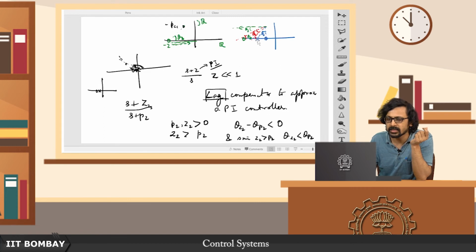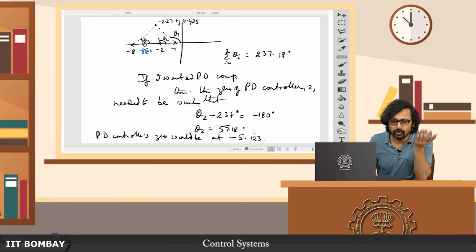So long as my lead compensator zero is to the right of the PD controller's zero, I can always place a pole and zero pair to meet this angle criteria. So that is exactly what we are now going to do.